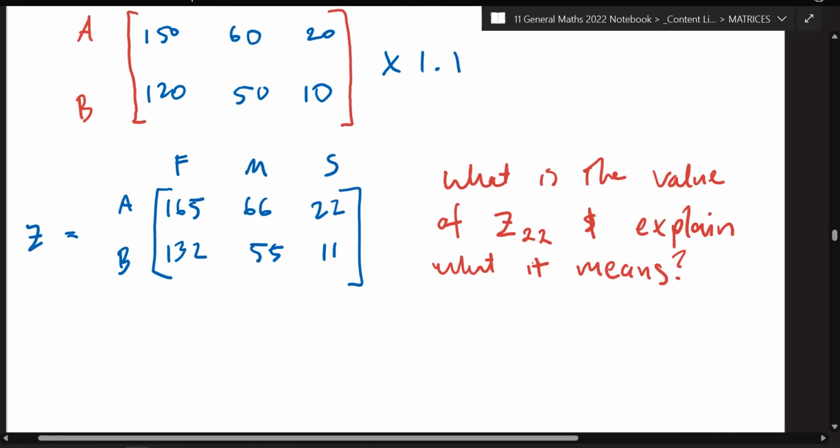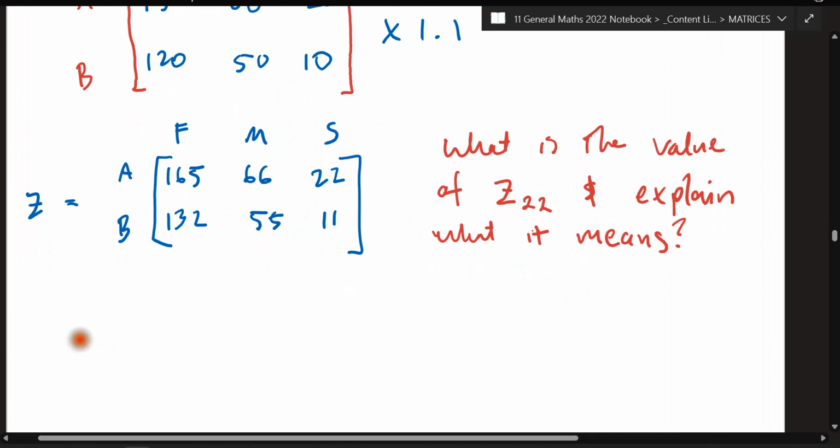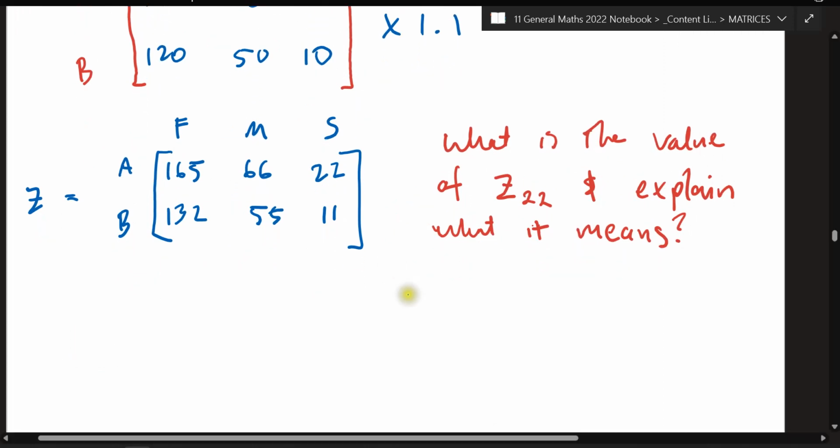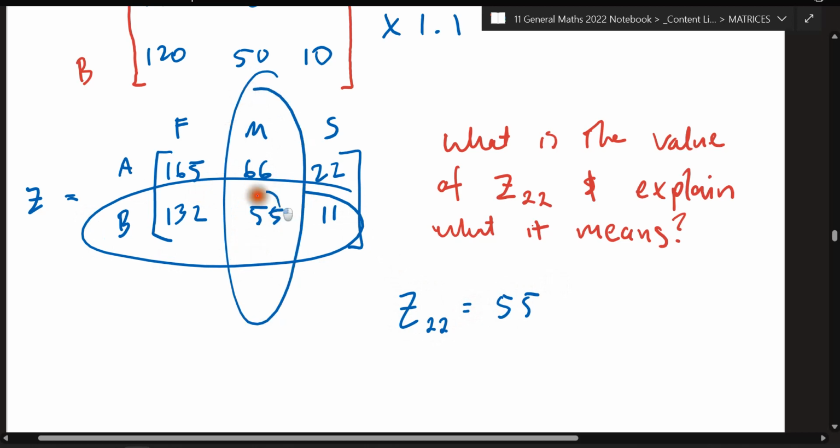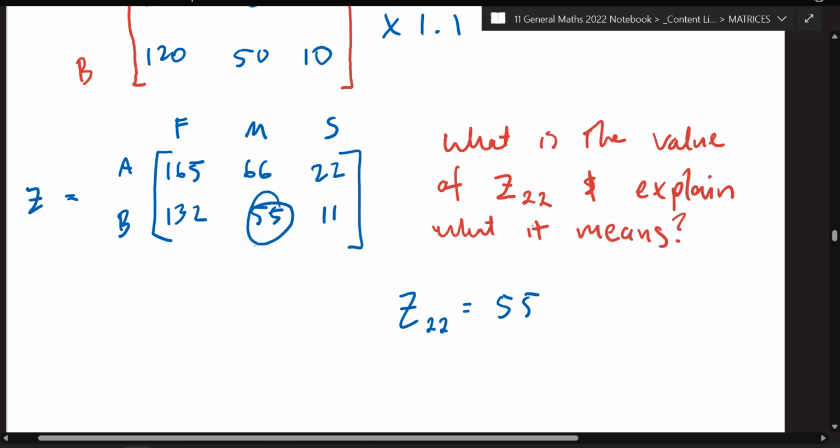So, what does that mean? Anyone want to tell me, what is the value of Z22? Row 2, column 2. So, as an answer, Z22 equals 55. And what does that number mean? Row 2, column 2, they intersect right there. Good.